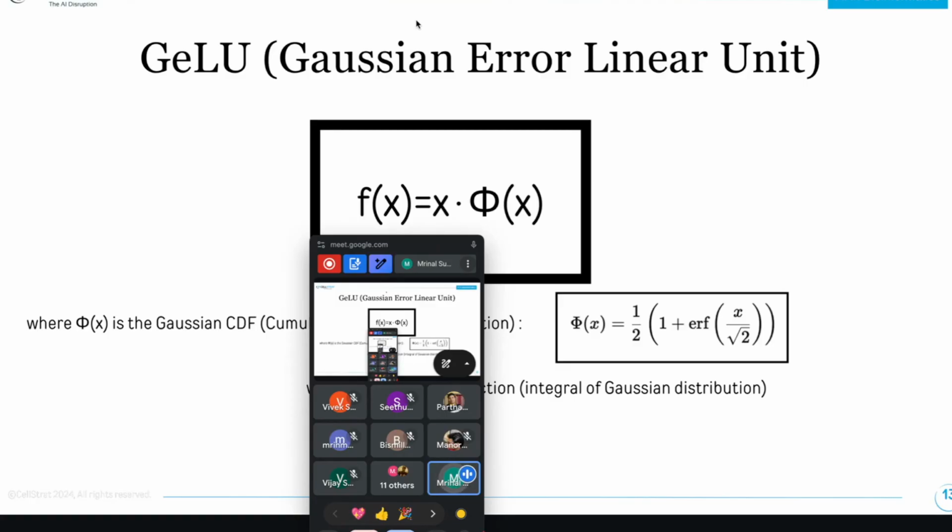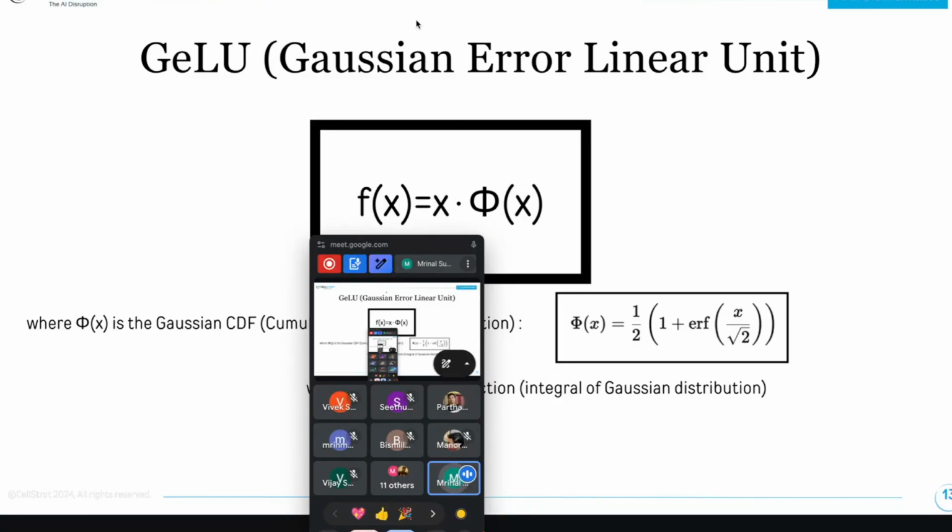If you're looking into stages of cancer, and you're using a deep learning model with a GLU function, you're not just detecting whether there is cancer or not. That is the output you'll get when you're using a ReLU function. But when you're using a GLU function, you can classify this data set into different stages of cancer.